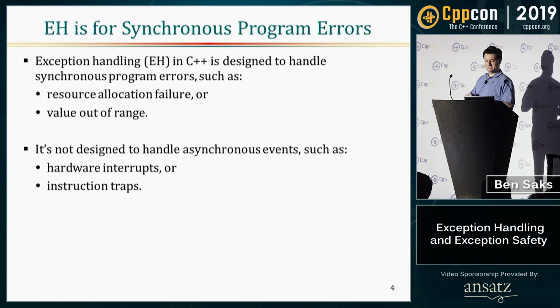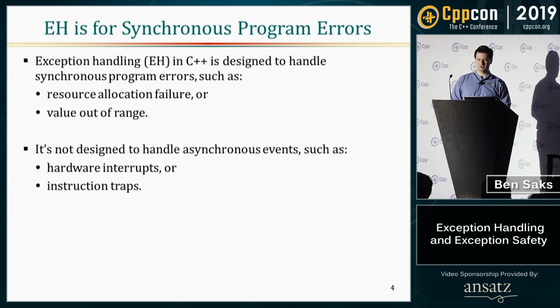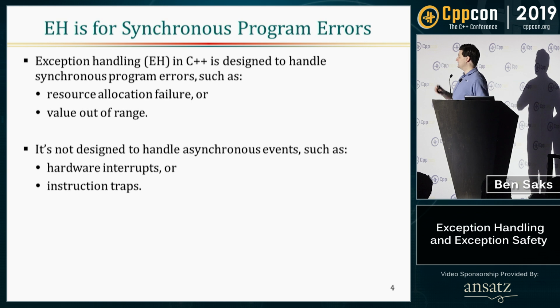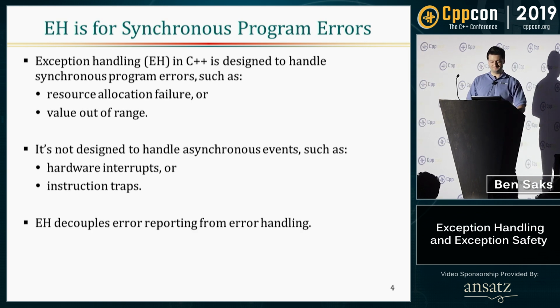If you're talking to a systems engineer, they often use terms like processor exception, which might be interrupts or instruction traps, things like that. That's not what we're talking about today. We're talking about exception handling in C++.